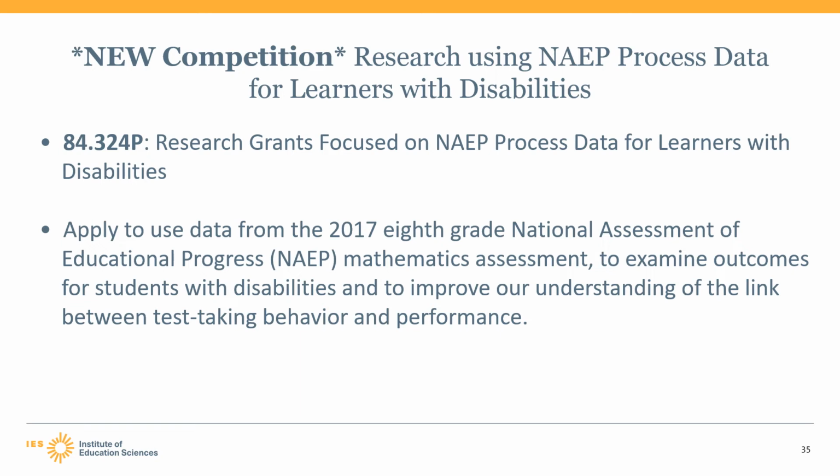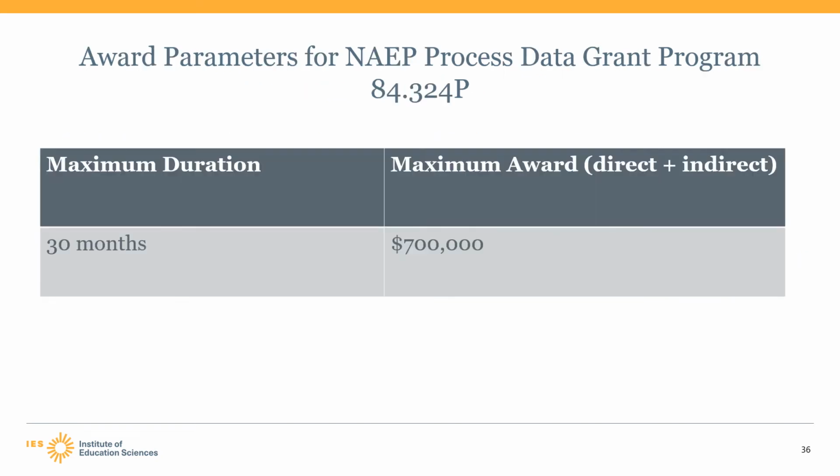Results are expected to improve the future development and administration of digital learning assessments, identify needed enhancements to mathematics instruction, and highlight areas where further research is needed. This slide presents the award parameters for the NAEP Process Data Grant Program. The maximum award duration is 30 months, and the maximum award amount is $700,000.